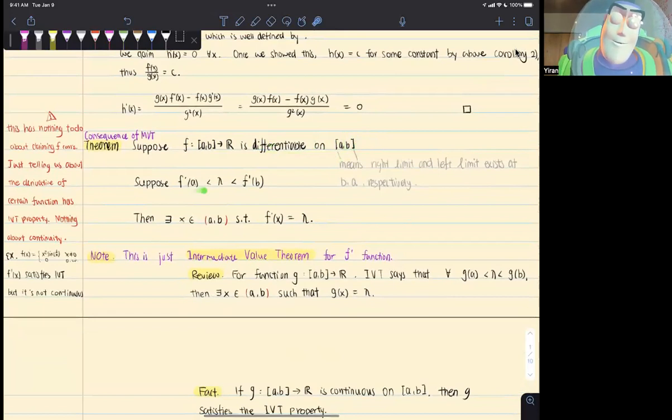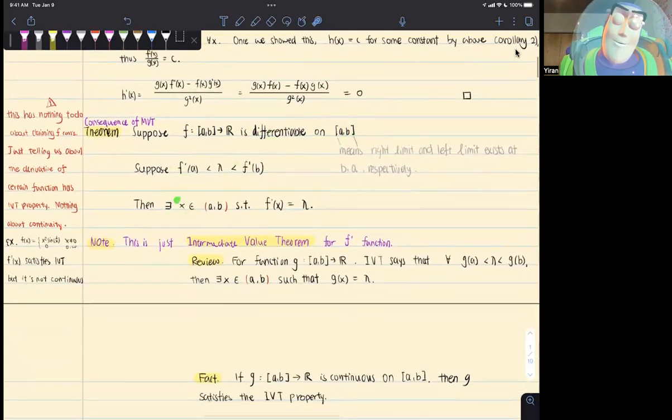And then we have an assumption that f prime of a is smaller than lambda, smaller than f prime of b. So lambda is a value between those two values. Then the claim is there exists a point x in the open interval (a, b) such that f prime of x is equal to lambda.